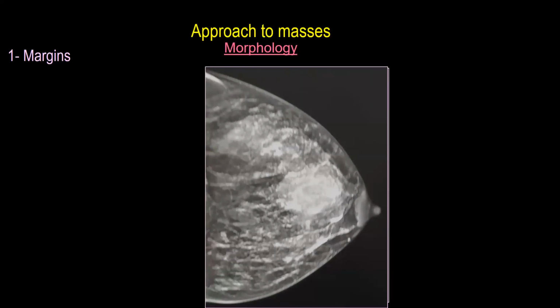What about the margin of this left breast mass? Obscured. Can you see the part which is circumscribed?